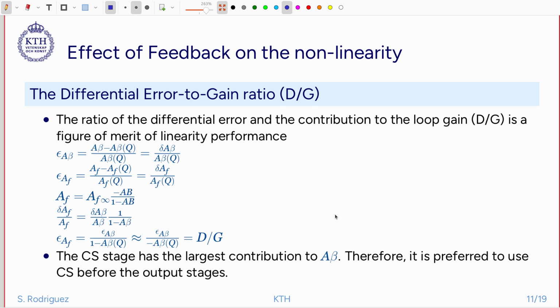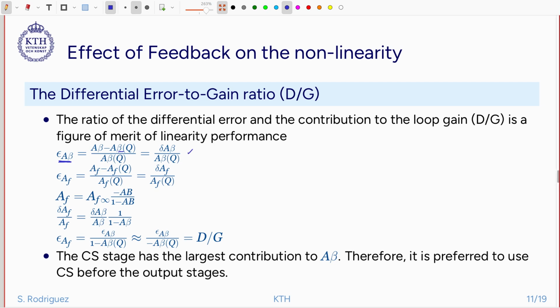So we can find an error in the loop gain. An error in the loop gain will be an excursion from the operating point ABQ, and this excursion, AB minus ABQ, we can express as a percentage or as a quotient. So that will basically be our error, and then we have our expression here.